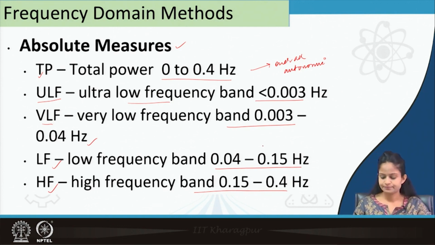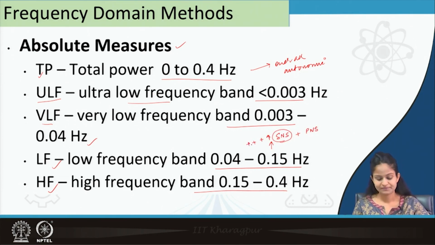Low frequency contributes both the sympathetic and parasympathetic nervous systems, but predominantly the sympathetic nervous system. And the high frequency band, 0.15 to 0.4, is mainly because of respiratory sinus arrhythmia, which is vagally mediated, that is, the parasympathetic nervous system contribution. So, these are the absolute measures.